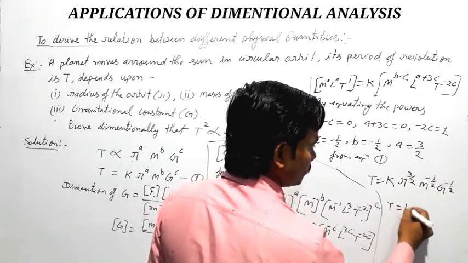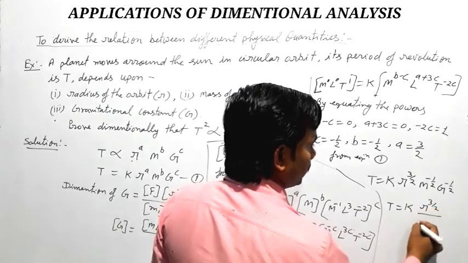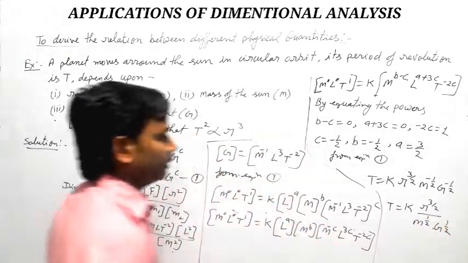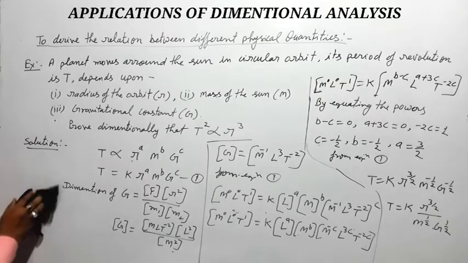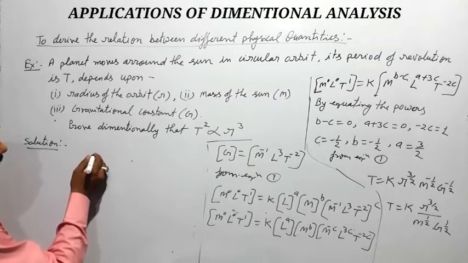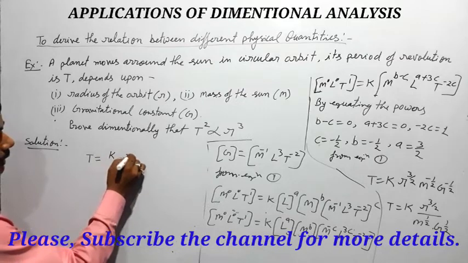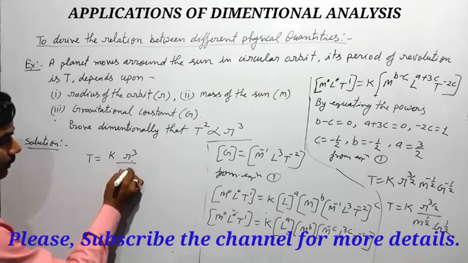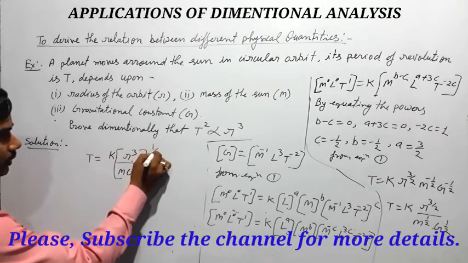So T equals k r to the power 3 by 2 divided by M to the power 1 by 2 into G to the power 1 by 2. Now we will write the final answer here. T equals k, we can write r cubed divided by M into G.